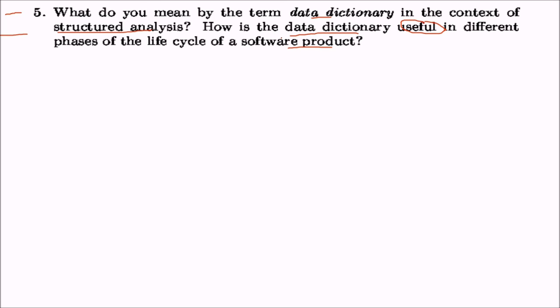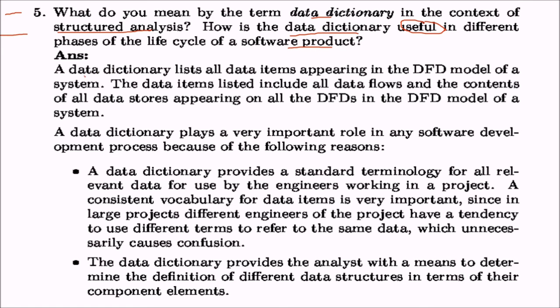A data dictionary lists all the data items appearing in the DFD model of a system. This includes all the data flows and the contents of all the data stores appearing on all the DFDs in the DFD model of a system.